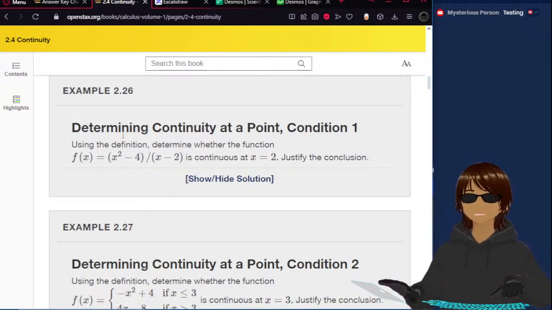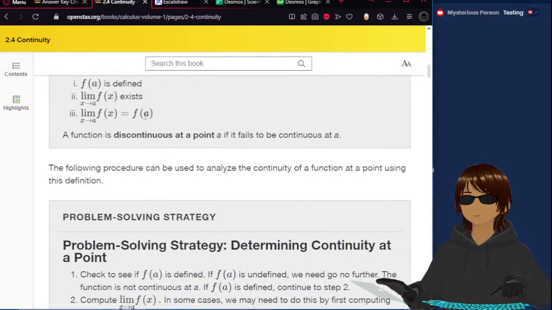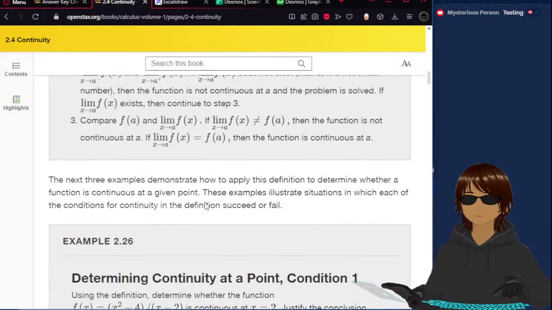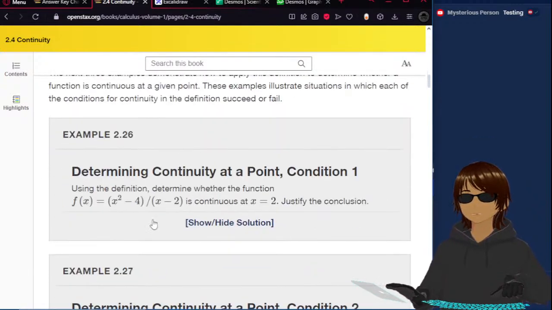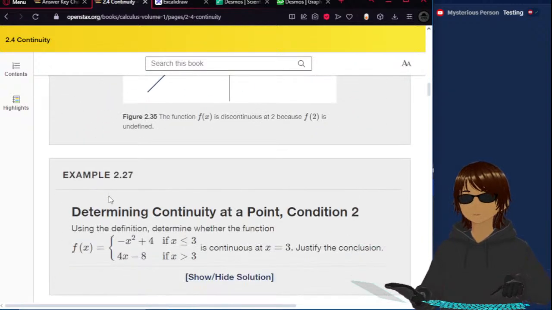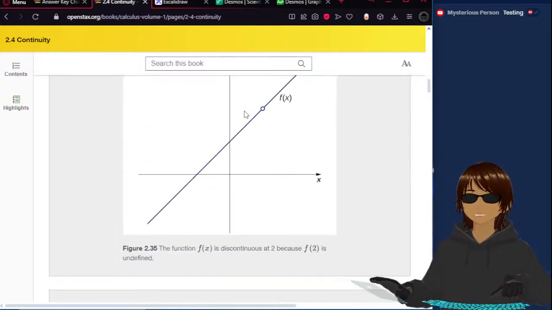Determining continuity at a point. Condition 1. Determine whether this function is continuous at x equals 2. It should be defined, right? Yeah, it's defined, limit exists. The limit is the value itself, so it can't be this. So this is false. So it's discontinuous at this point.